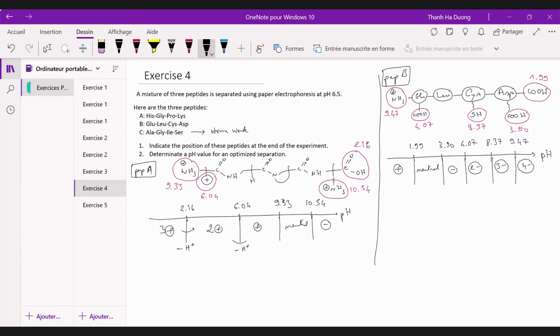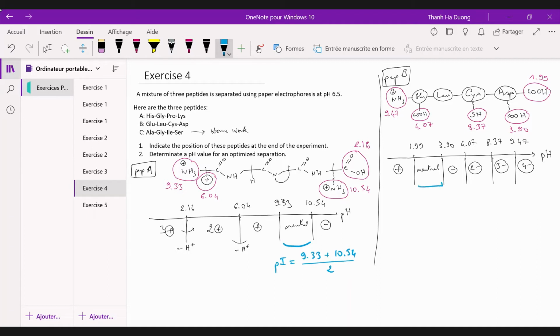Okay? If I want to determine the pI, I have the neutral form. So the pI of peptide A will be 9.33 plus 10 over 2. Okay?